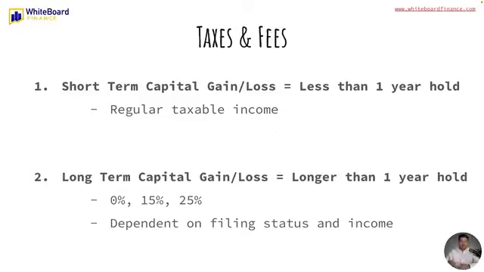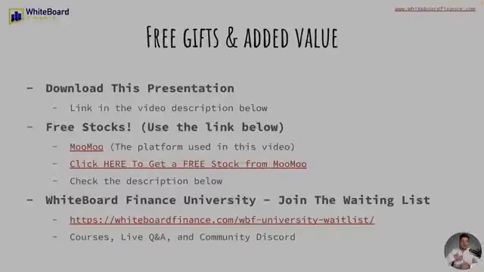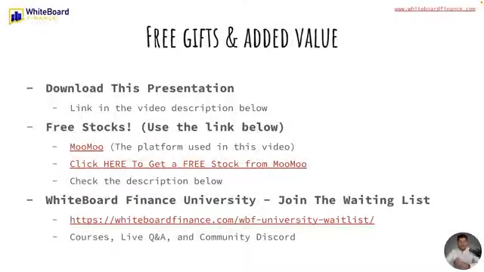This is obviously 13 months later. This is longer than a 1-year hold. So depending on your filing status and income, you're either going to be taxed at 0, 15, or 25%. This is much lower, and this is why the government wants to incentivize you to hold these stocks longer than shorter. They also punish day traders with this as well, but that's beyond the scope of this video.